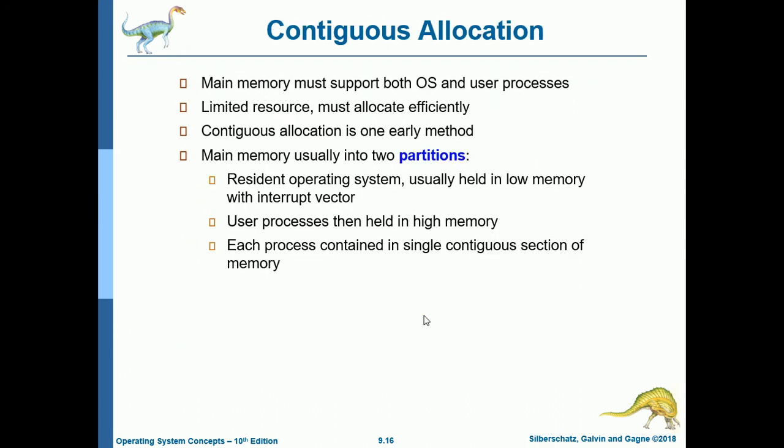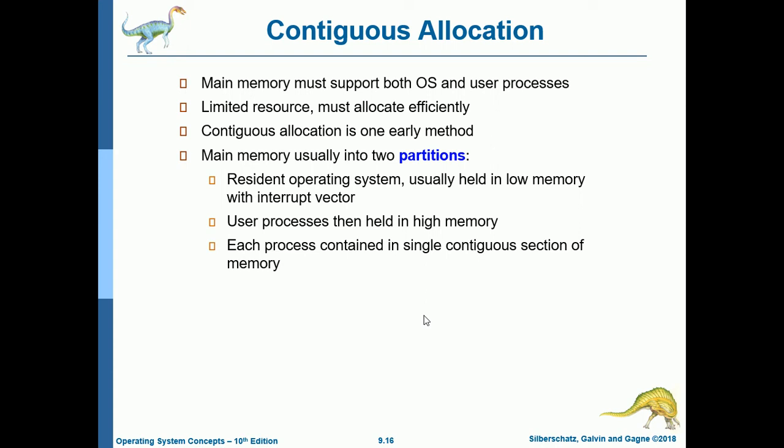Okay, next we have contiguous allocation. Main memory must support both the OS and user processes. It is a limited resource, so it must be allocated efficiently, because main memory has a fixed capacity. The space must be allocated efficiently to the data and programs that will use it. Contiguous allocation is one early method.